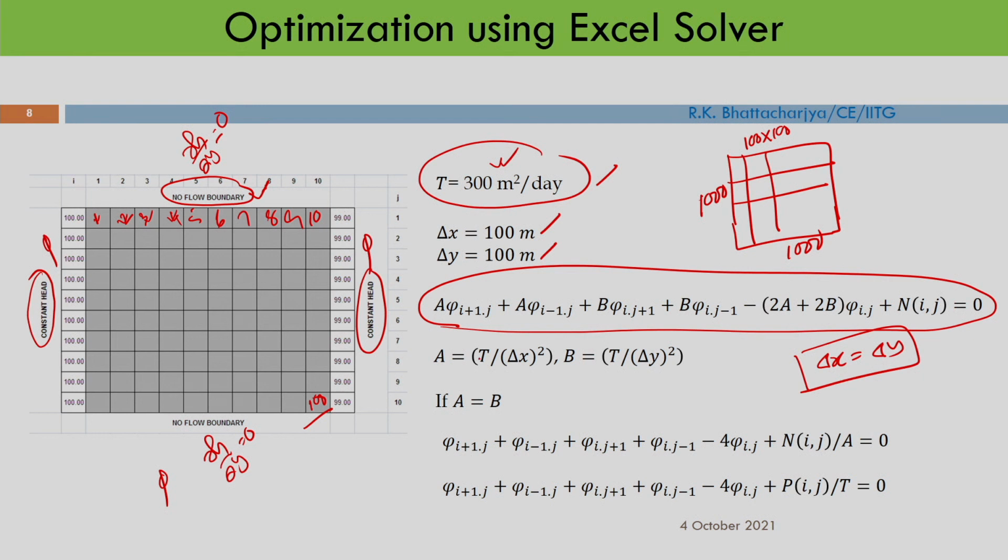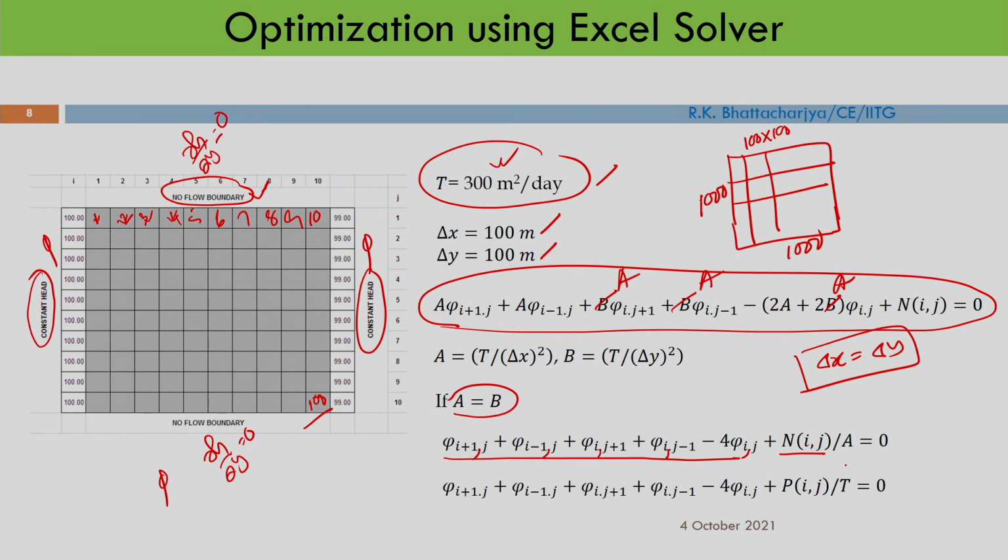You can also use different del x and del y, but here I am considering del x equal to del y. So, that means A equal to B, and if I put A equal to B here, finally this will be your A, this will be your A, this will be your A. Then if I divide this particular equation by A, I get this equation: phi i plus 1 j, plus phi i minus 1 j, plus phi i j plus 1, plus phi i j minus 1, minus 4 phi i j, plus n i j.